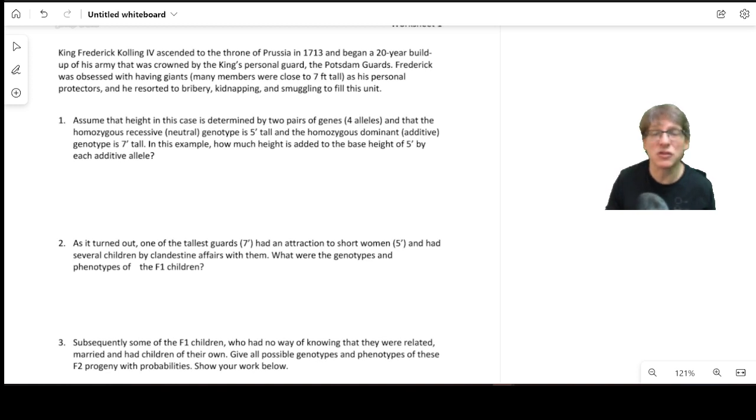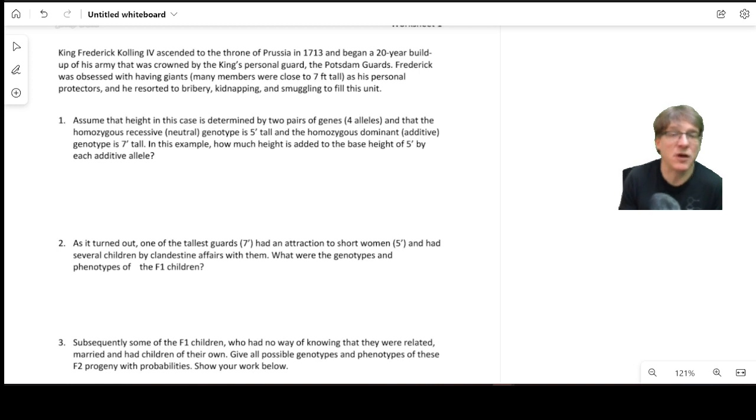Another is gene interaction, in which different genes interact with each other, and different combinations give you different outcomes. The third type is additive genetics, in which different genes add to some base height or base trait.